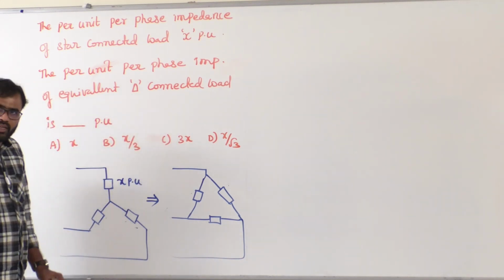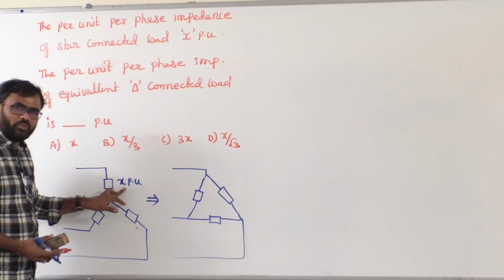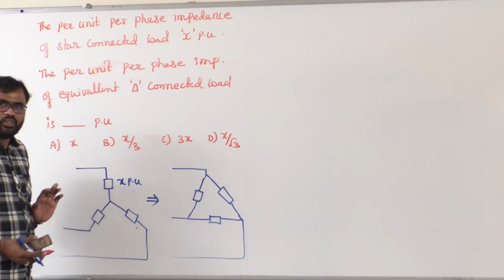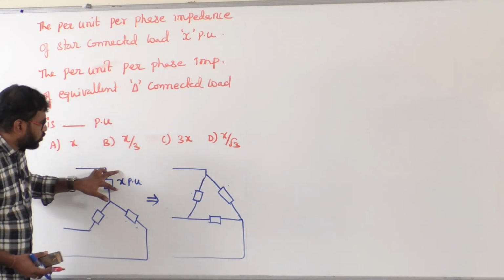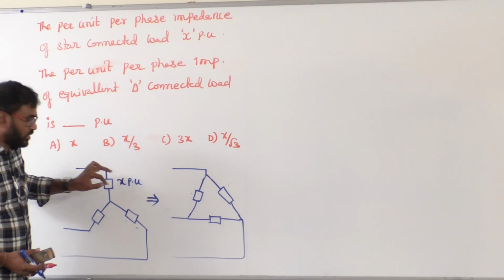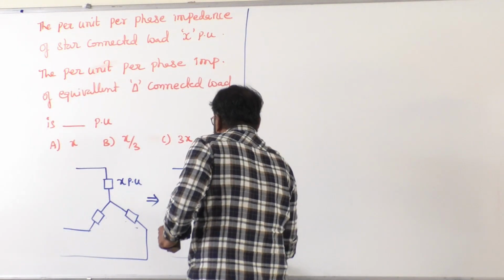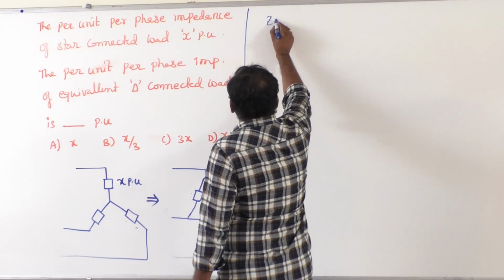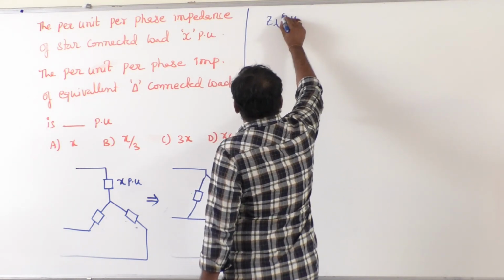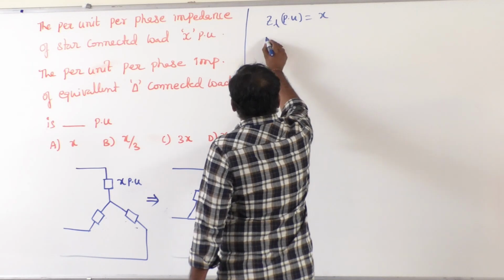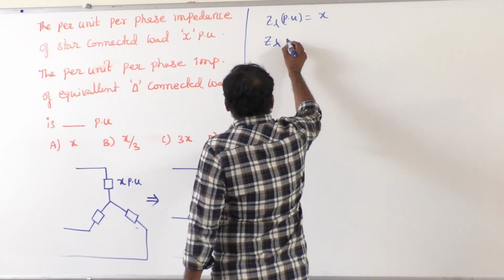Okay. Clear? So the per unit impedance here is X per unit. So tell me, what is the actual impedance of the star connected load here? Have a look here. I can write like this. See, Z star per unit is equal to X. What is Z star actual?